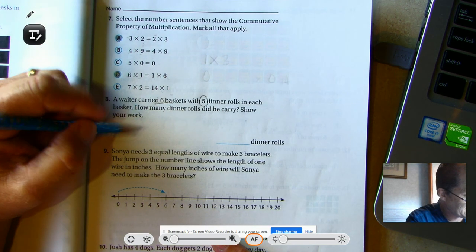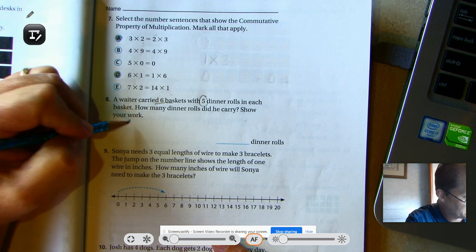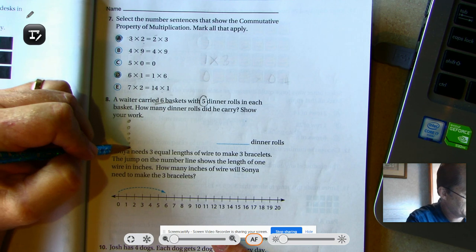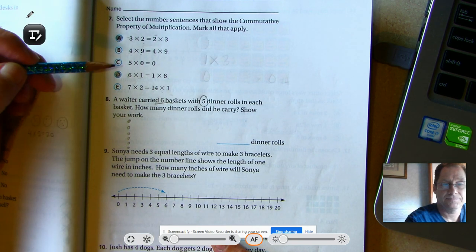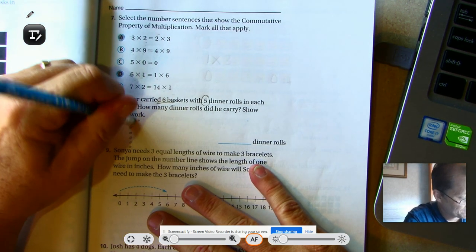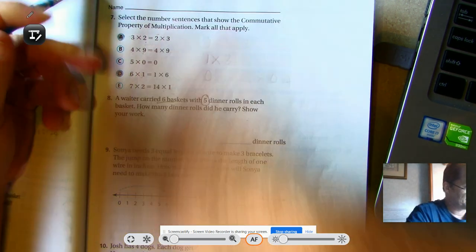So I think I'm going to go ahead and use an array this time. So we have 6 baskets, and in each basket, you know what, I'm sorry. I'm going to use equal groups.